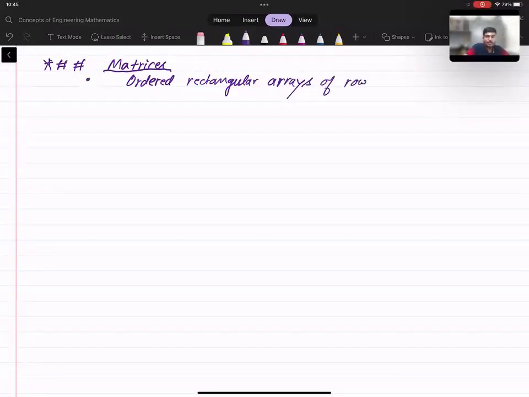Rectangular means here it is not necessary that the rows and columns must be equal. Okay, so rows and columns.